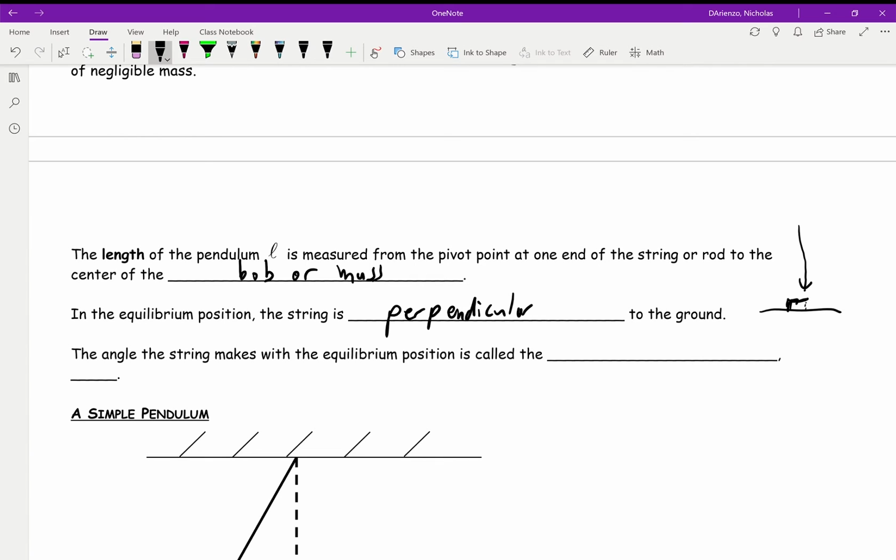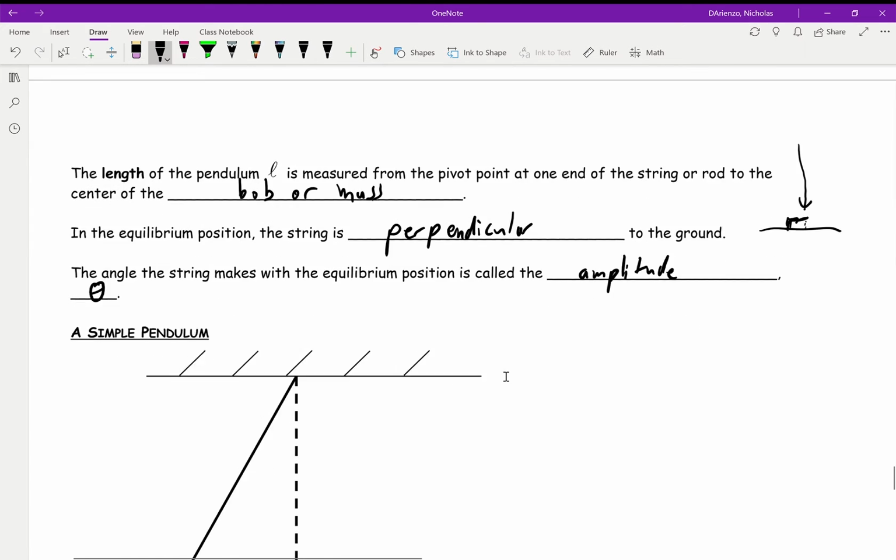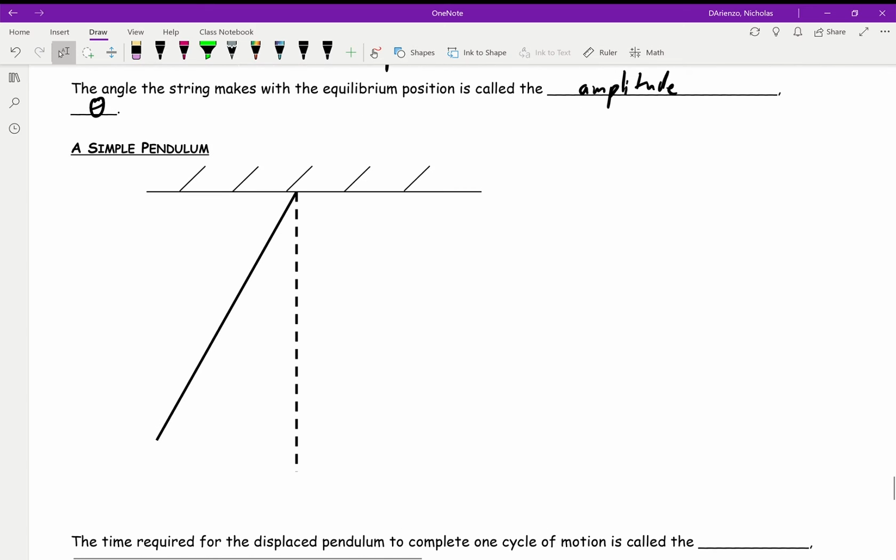Now, the angle the string makes with the equilibrium position is what we call the amplitude, and we measure that as an angle in regards to the equilibrium position. So on the drawing here, our amplitude would be this deviation here from the equilibrium position.